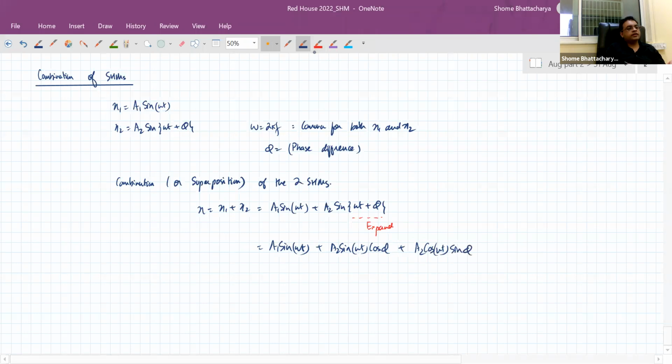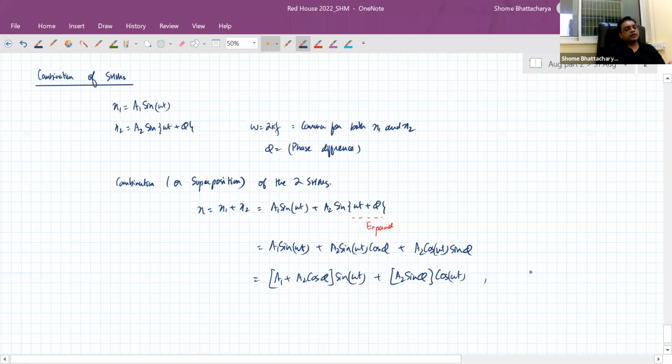Next, we club together these terms which have sin omega t. So A1 plus A2 cos phi is the coefficient we get for sin omega t when we take it common, and similarly A2 sin phi is the coefficient we get for cos omega t.